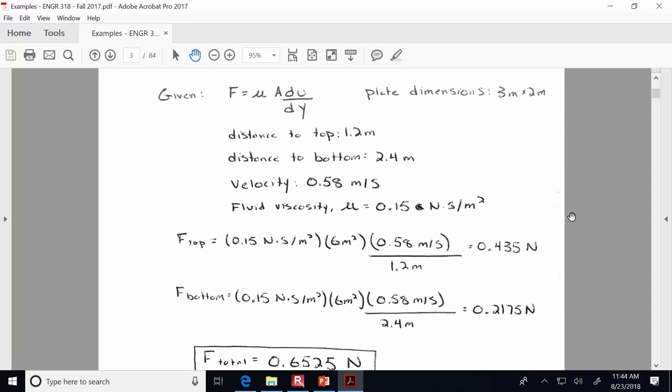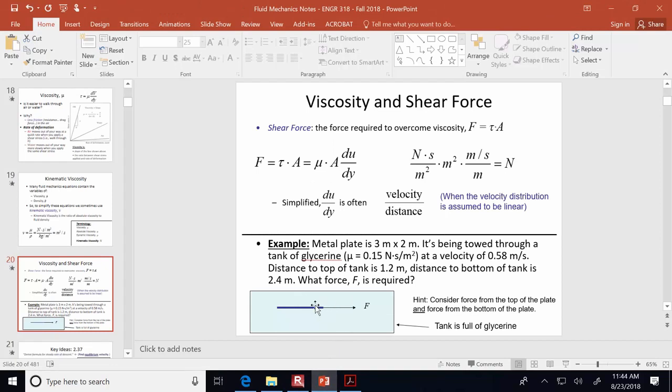It's really about the fluid deforming, and that's where the force comes from. The place we're applying the force, we assume there's maybe a string of some sort on the leading edge of that plate as it's being pulled through the fluid.